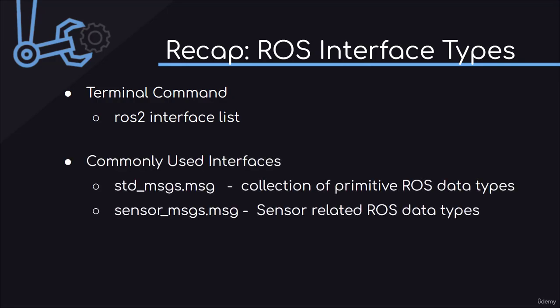And we looked at the documentation for some commonly used ROS interfaces, such as the standard messages library, which has a collection of primitive ROS data types, as well as the sensor messages library, which has message types which are related to common sensors you may find on robotic systems. Now, there are tons of other interface types from other packages, and you can even create your own interface types. But for the most part, ROS gives us a large enough ecosystem of usable message types that we shouldn't have to make our own.